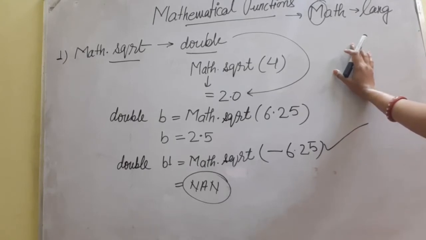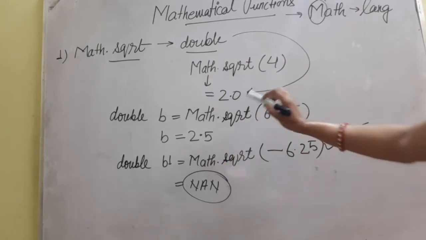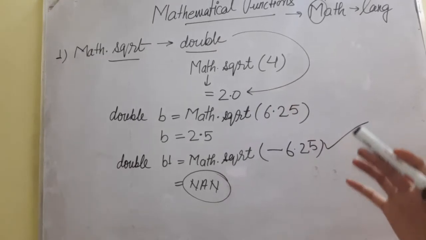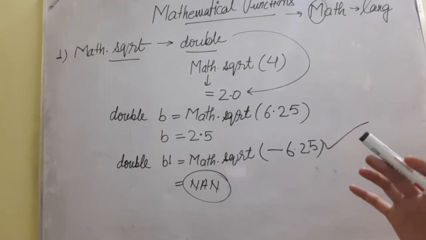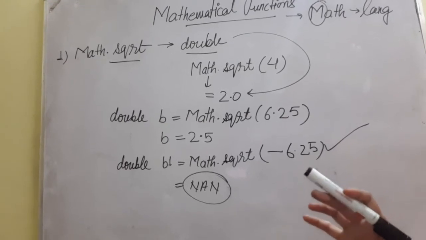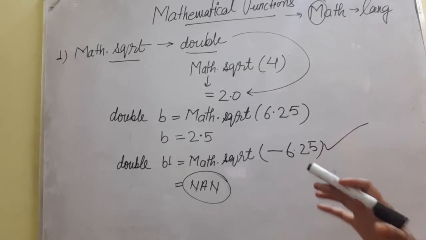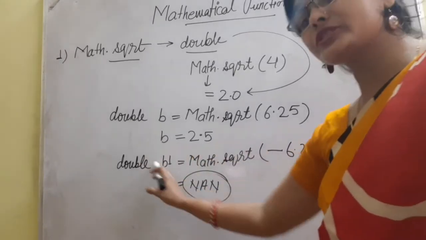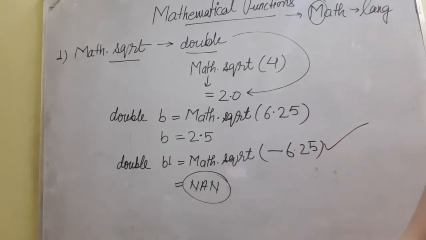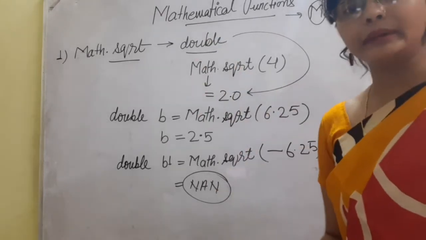So it will return the value in double, never integer. If you do not write 0.0, your marks will be deducted. So please take care. With a minus value it is not applicable, so it will give the value NaN, because it may be asked in an output question. So we have to write that with a negative value, the mathematical function sqrt is not applicable. Clear?